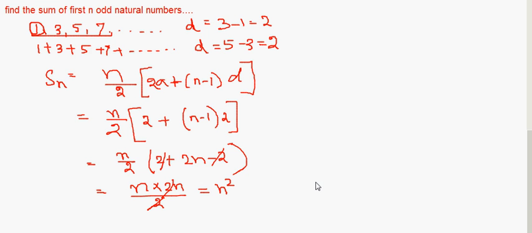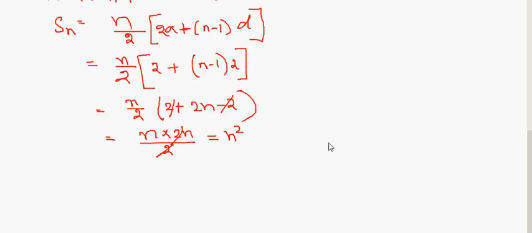We take a further different type of example to make ourselves acquainted with this more, the formula of the sum of n natural numbers. Let me just again write the question.